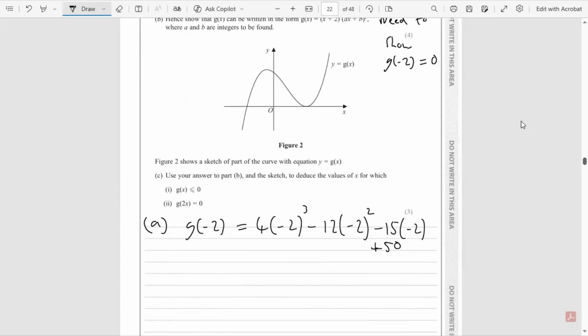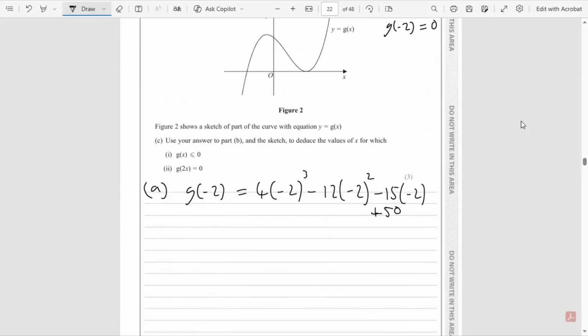So we've got minus 2 cubed, that's going to be minus 8 times by 4, that would be minus 32. Then you've got minus 2 squared, which would be 4. 4 times 12 is going to be minus 48, so we've got minus 48 there. Then we've got minus 15 times minus 2, that's going to be a plus 30, and then 50 at the end there. So minus 32, take away minus 48, that would give you minus 80, and then 30 plus 50 is 80.